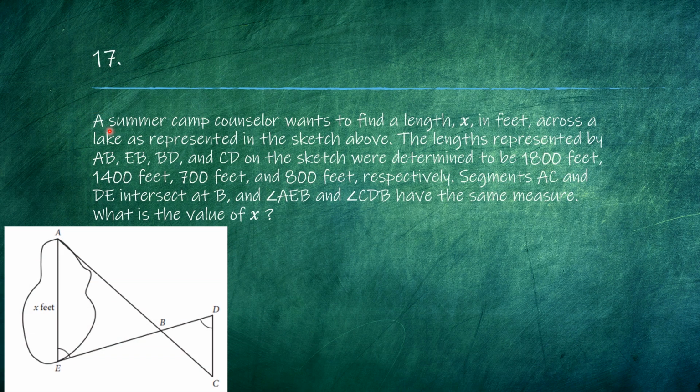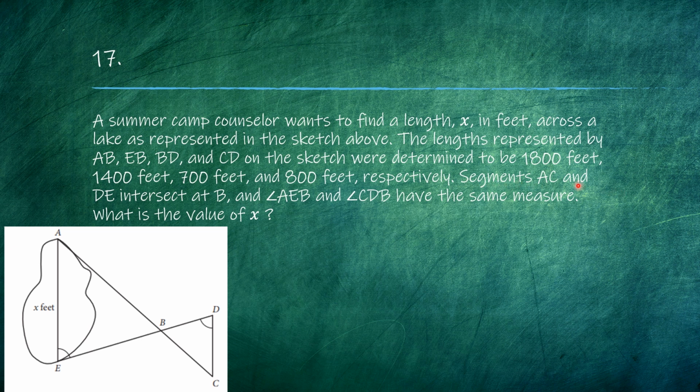Question 17. A summer camp counselor wants to find a length x in feet across a lake as represented in the sketch above. The lengths represented by AB, EB, BD, and CD on the sketch were determined to be 1800 feet, 1400 feet, 700 feet, and 800 feet respectively.